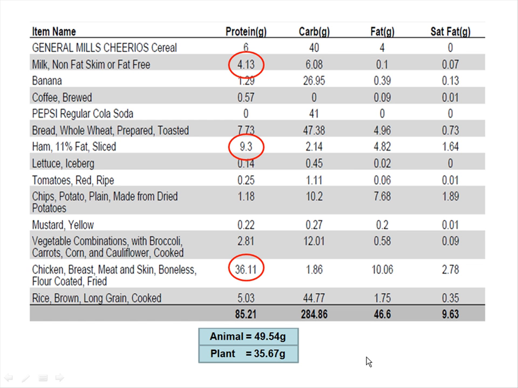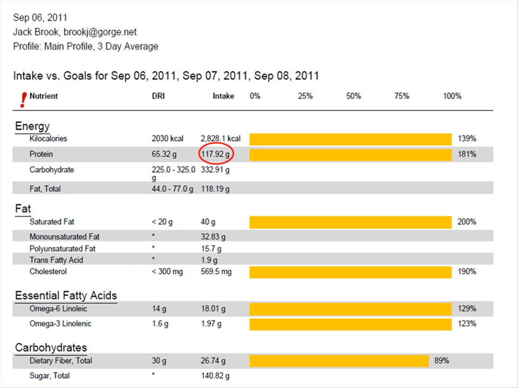Okay, once you get your average grams, the simple thing to do is just look at your total and say, well, if my average is 50 grams of animal, take 118 minus 50, and that's going to be your plant grams. Okay, then to get the percentages, you just take those grams and divide it by 118 times 100, and it'll get percent animal and percent plant.